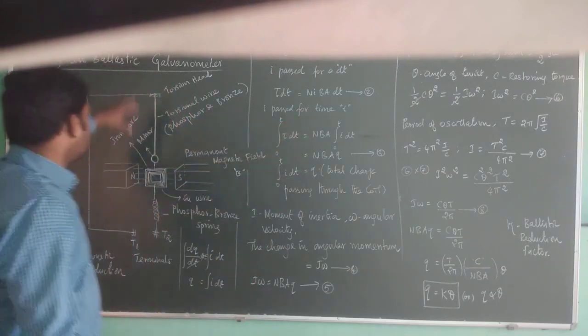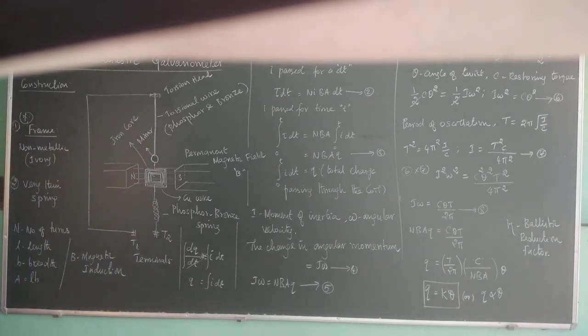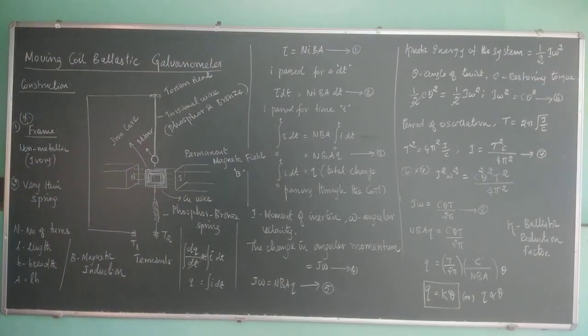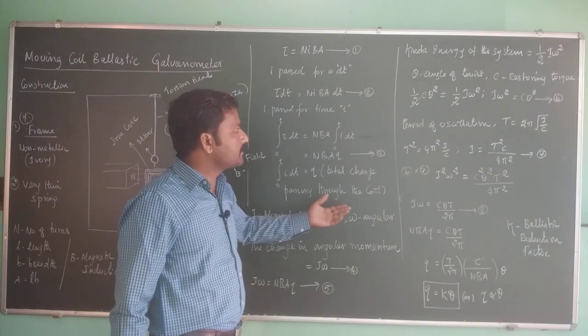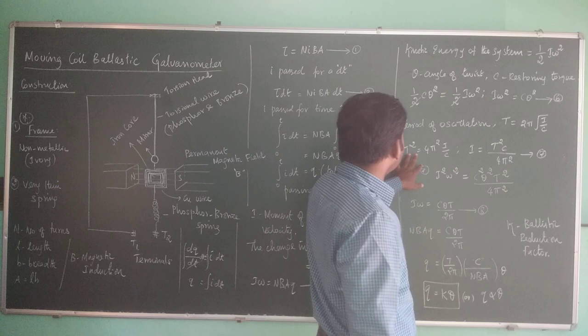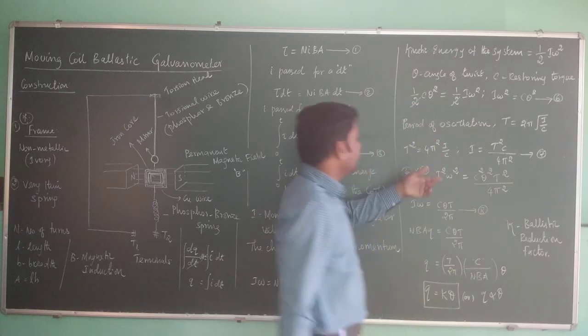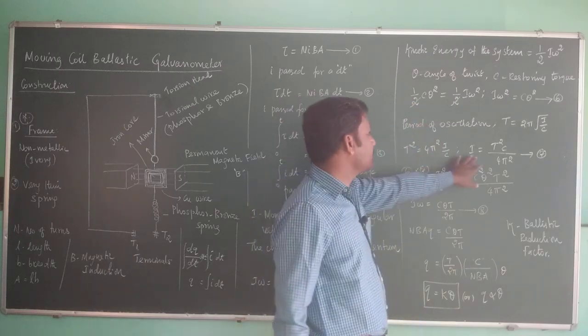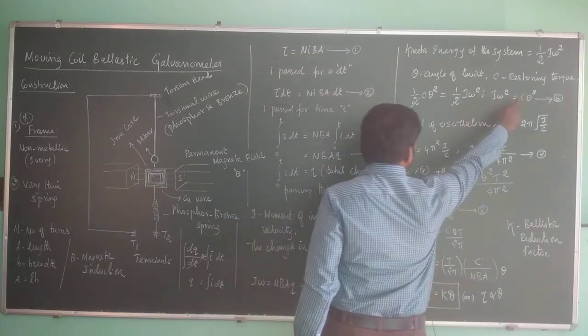The period of oscillations of this system, which we compared with a simple pendulum, gives the expression T equals 2 pi root of I by c, so T square equals 4 pi square I by c. Processing all this, we can rewrite this equation for I, and multiply equation 7 with equation 6.